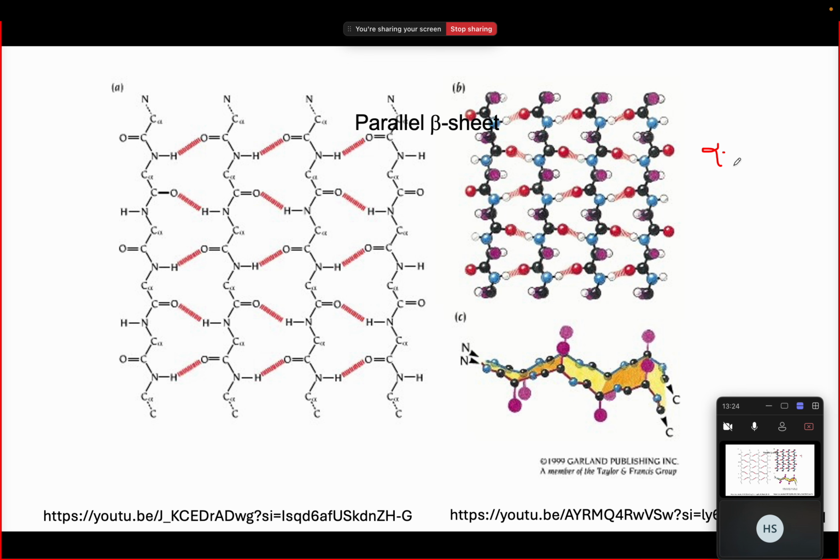If we talk about beta sheets, then they have intermolecular hydrogen bonds, meaning that there are different polypeptide chains between which the bonding takes place.